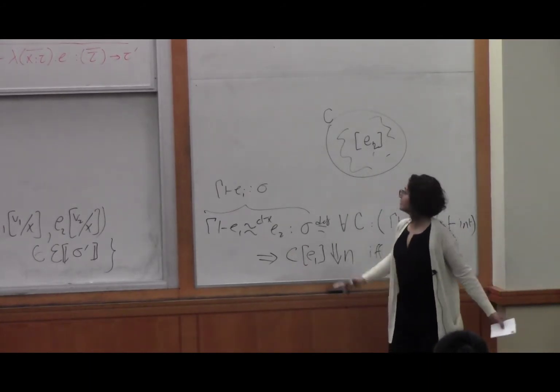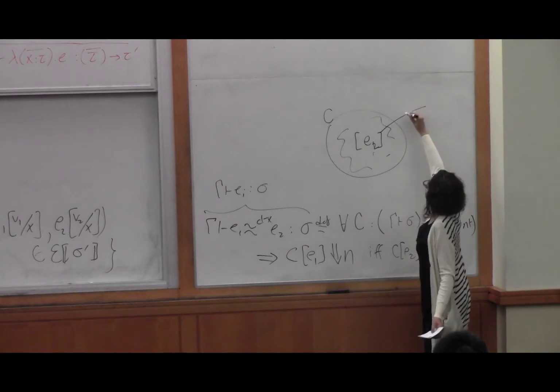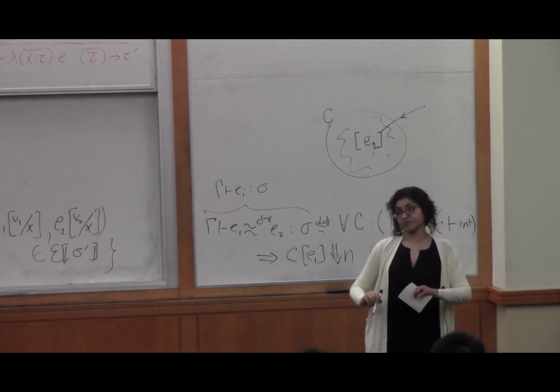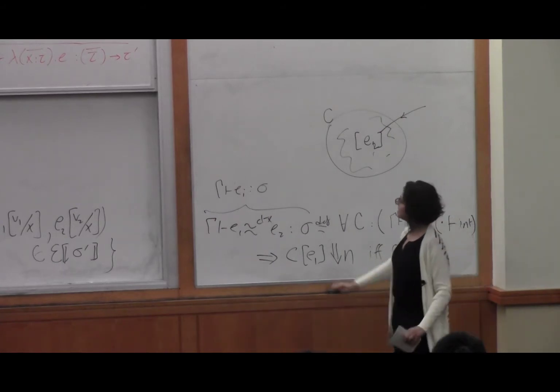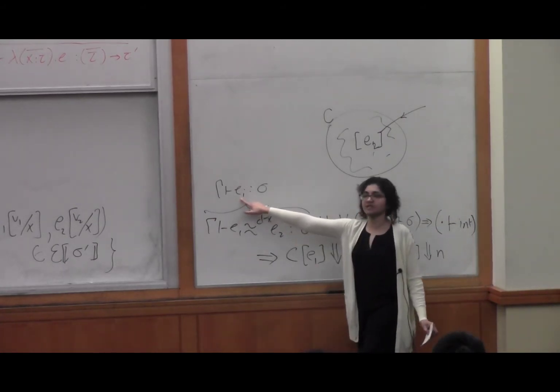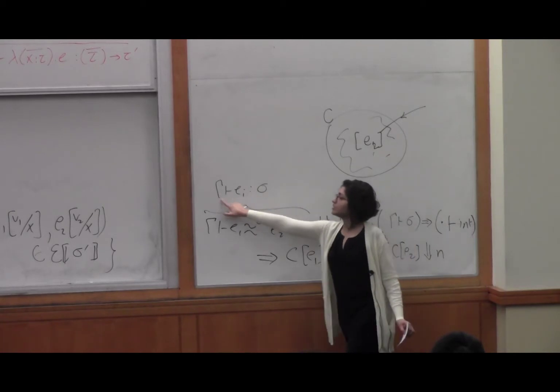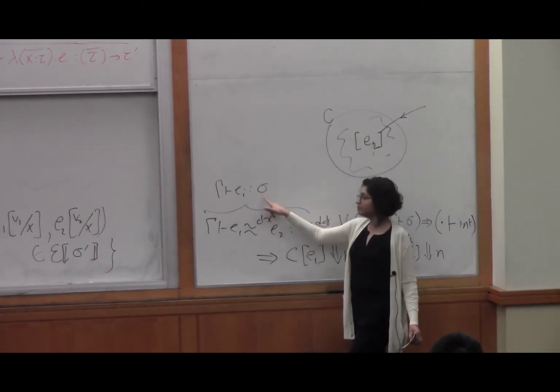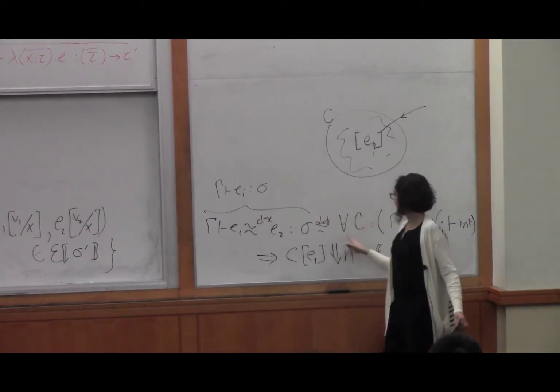I have to say something about the type of the expressions that this hole can accept. What I have in mind is that it can accept any expression E that type checks under a particular environment gamma and produces something of type sigma. That is what I'm saying here.